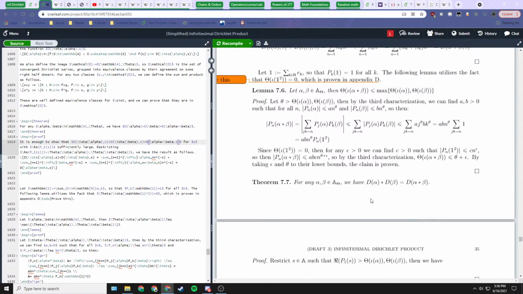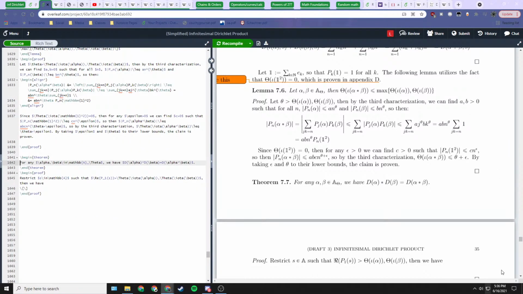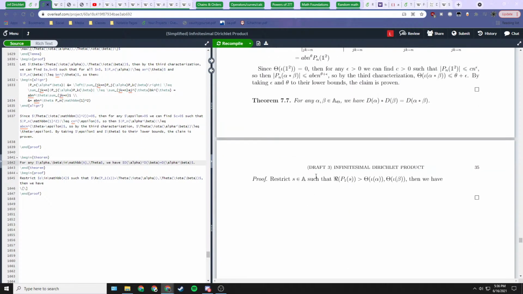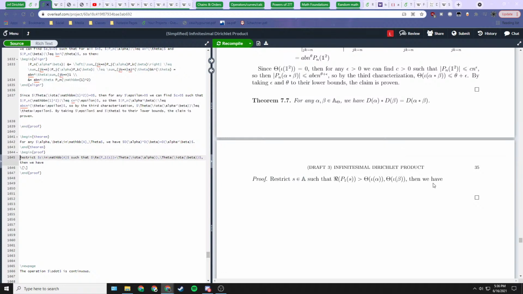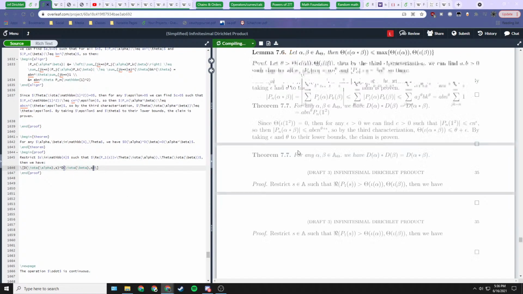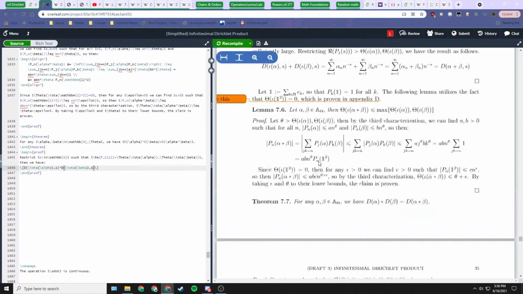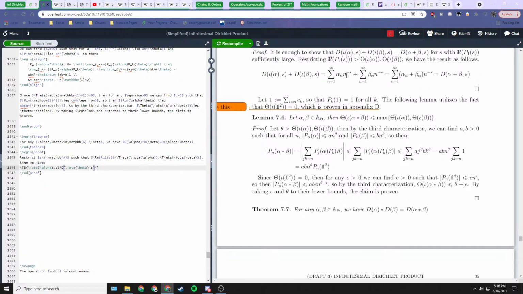Okay. So let's see, where were we? Okay, so restrict S such that this is greater than these. Then we have D of alpha S, and this should be iota alpha S, and we're multiplying D iota beta S. This doesn't make sense also.